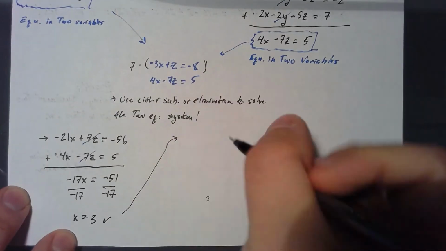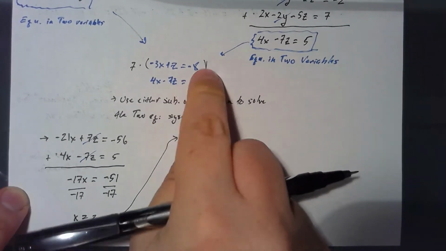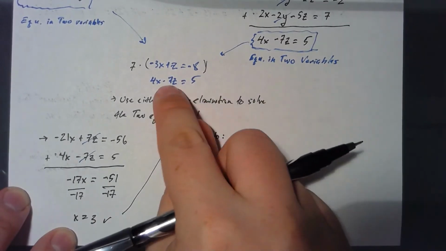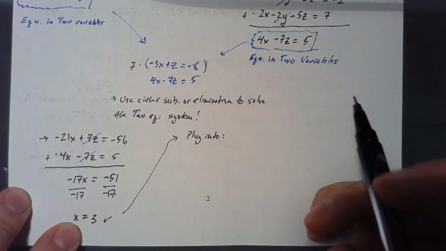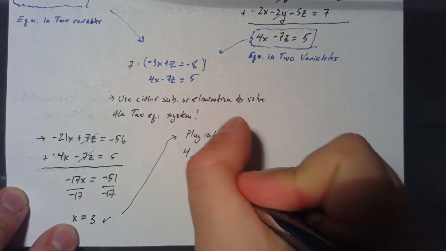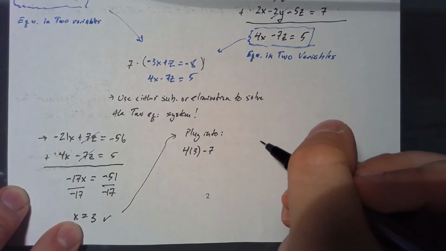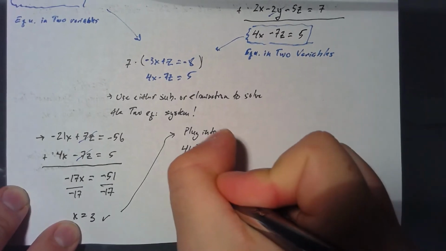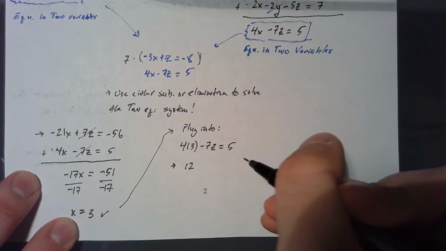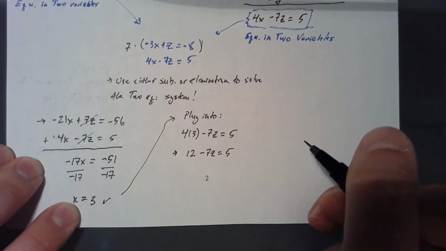So I'm going to plug into either one of these. I'll choose the second one. So I'm going to plug that in here. So I'll have 4 times 3 minus 7 times z equals 5. 4 times 3 is 12, minus 7z equals 5.